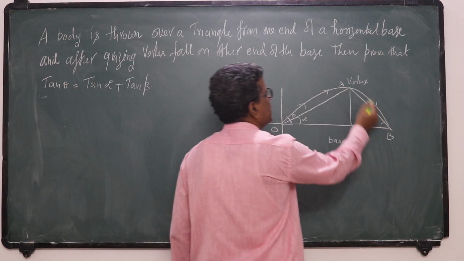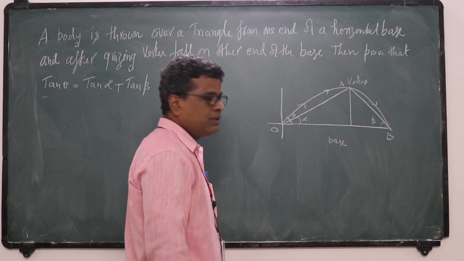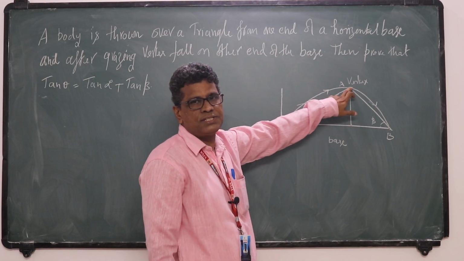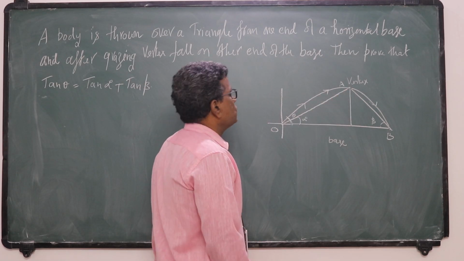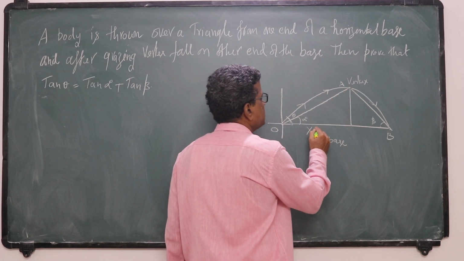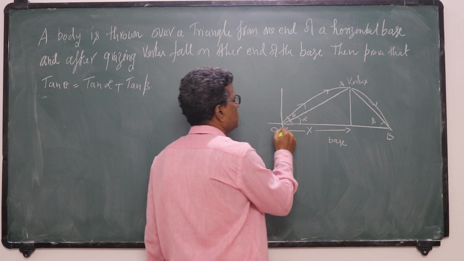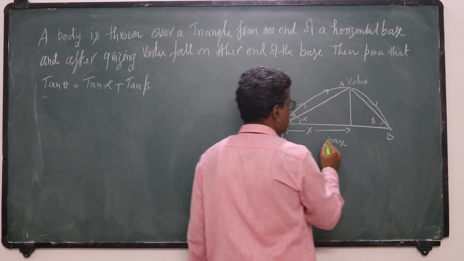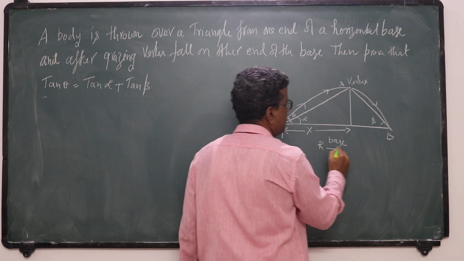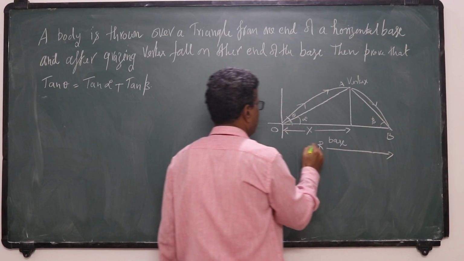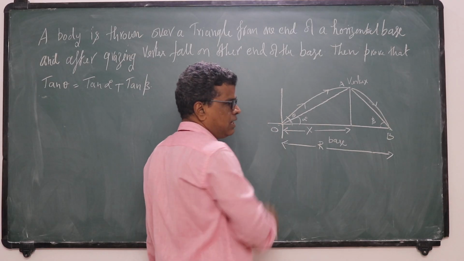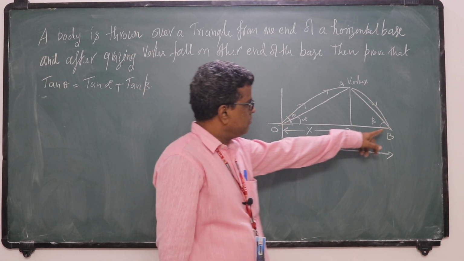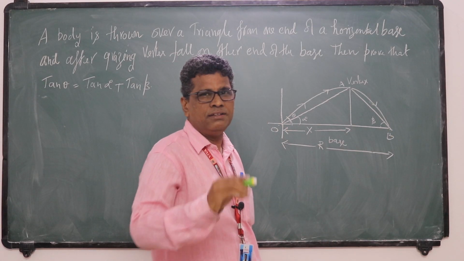So this is a projectile, and it just grazes the vertex of the triangle. Take this distance as x. Then the remaining distance becomes the range of the projectile, because O is the point of projection and B is the point of hitting the ground.